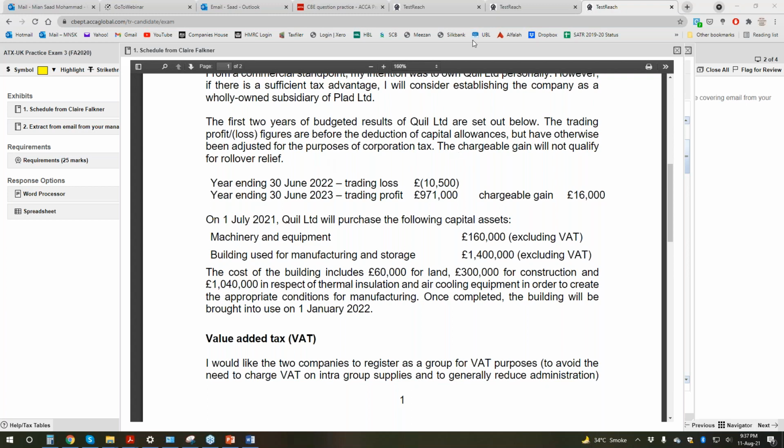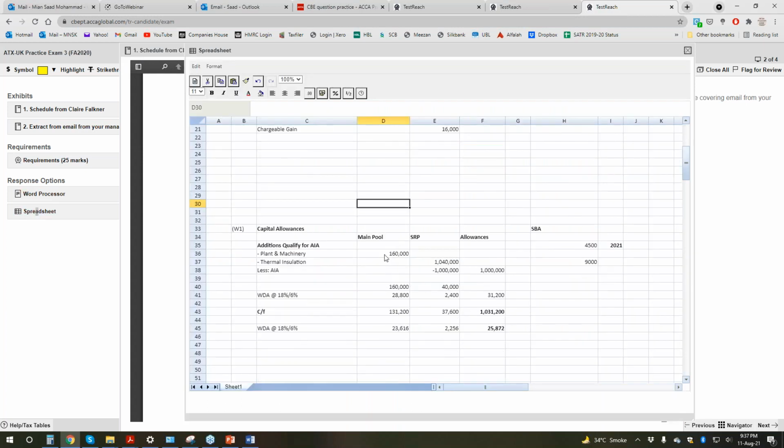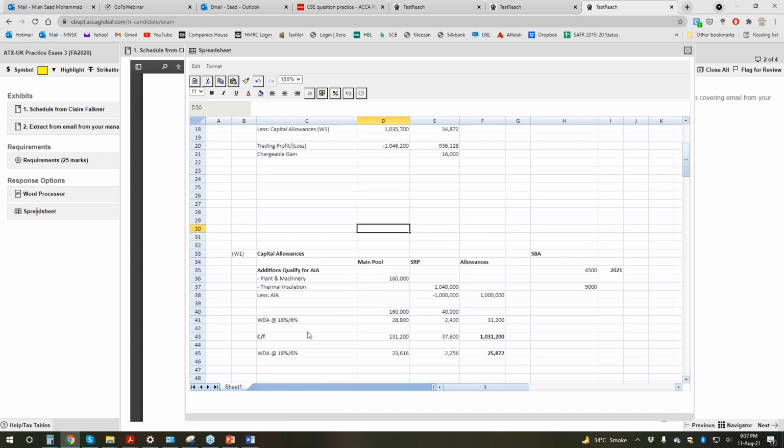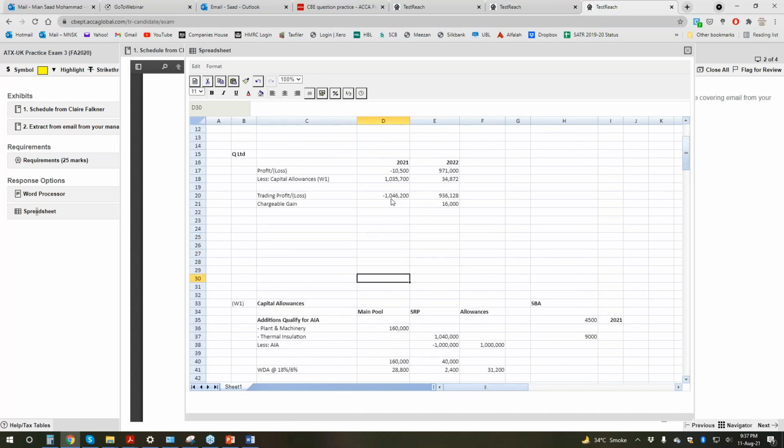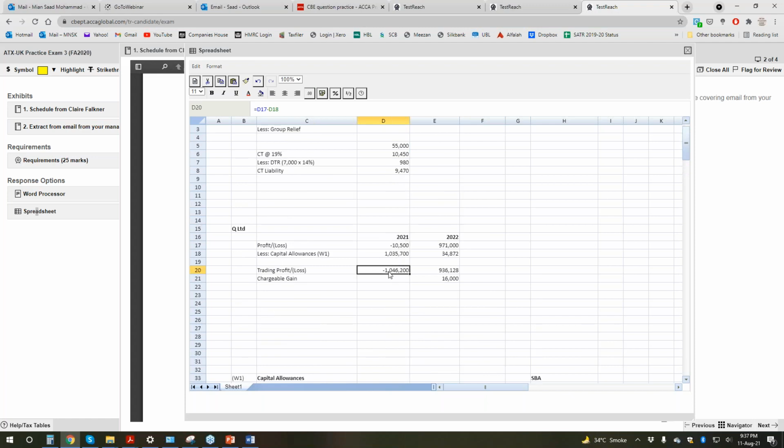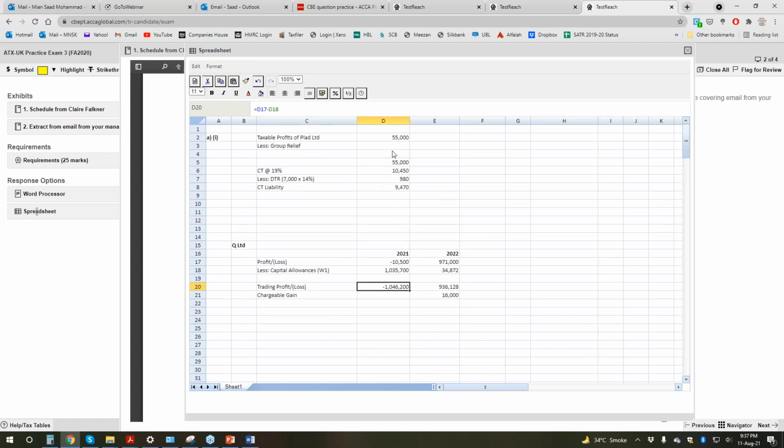Now guys, as I now have the loss available, I can now solve part A as well, that is, what is the maximum amount of loss that I need to set off. First, this loss will be surrendered to Plant Limited.